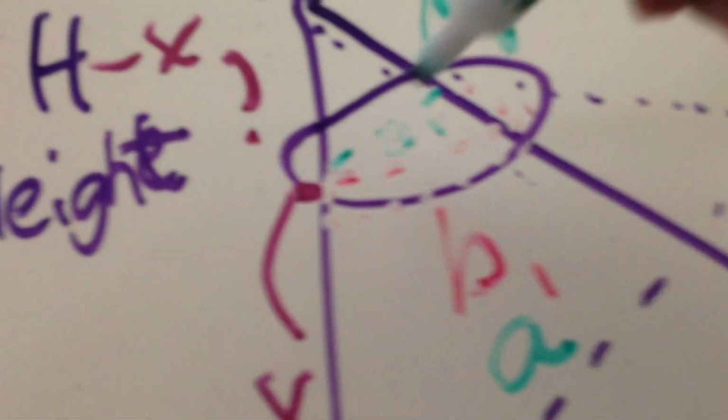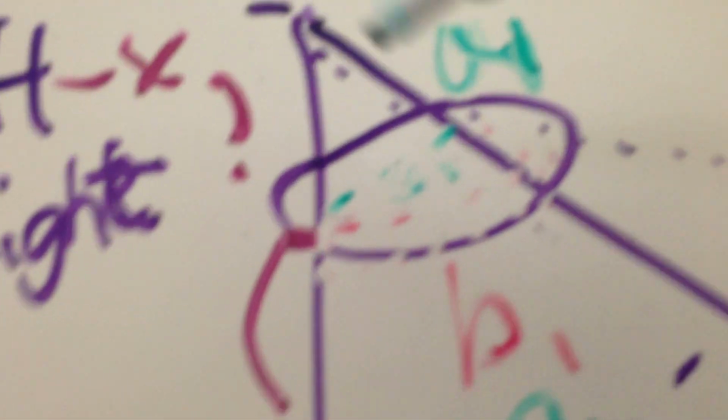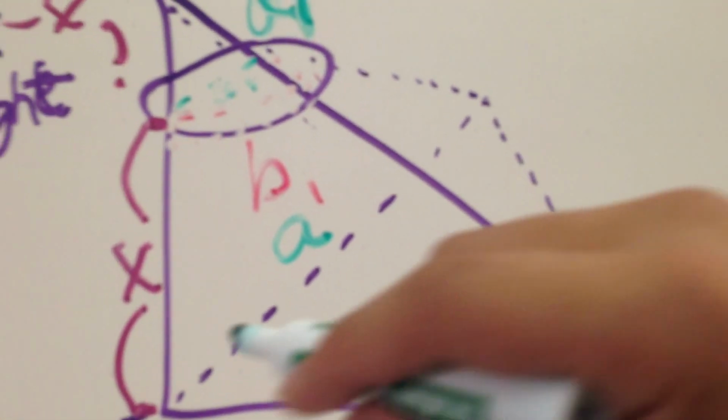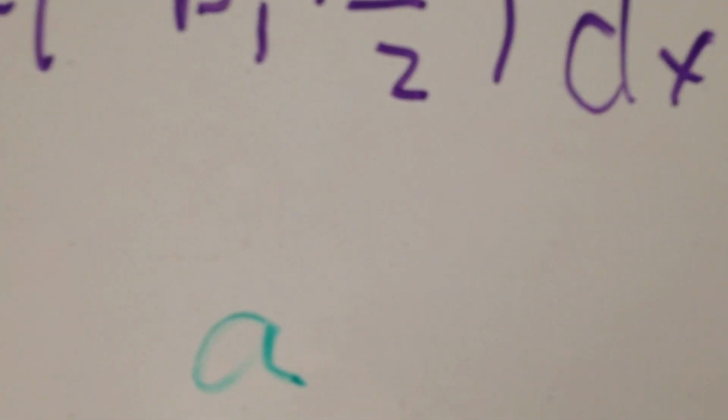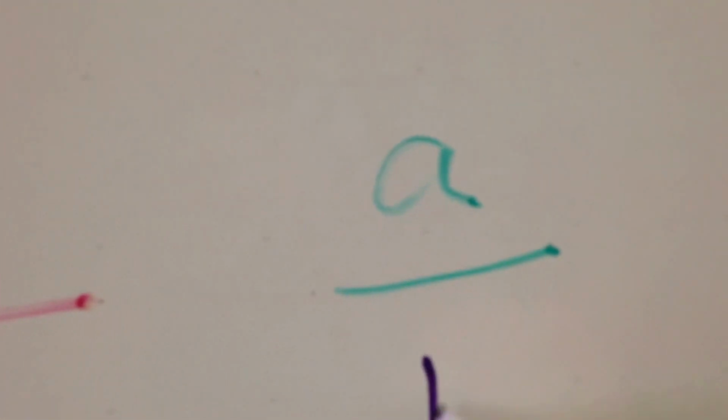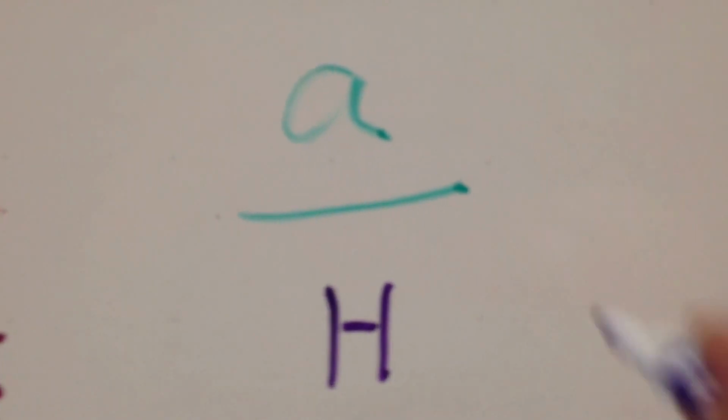The A is inside, but you can see A with this side H over X, A1 and H minus X, they are still a triangle just from the back. Maybe you don't have a view on that, but you can see the A and the H, they are a triangle. So same thing, A over H, that's equal to A1.